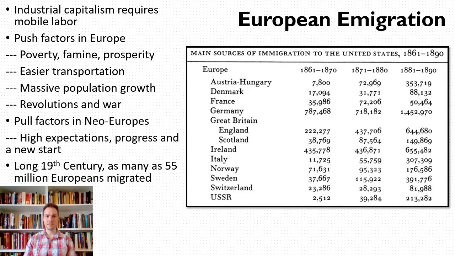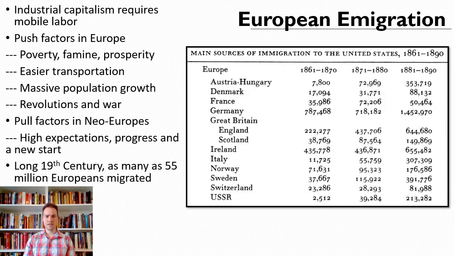So theoretically, this world of industrial capitalism requires mobile labor. Now, we already saw with slavery that that's not always the case. Slaves were moved by people, but didn't actually have freedom to quit their job or anything like that. But let's put a pin in that for now. The idea behind capitalism theoretically is that if you don't like your job, you can quit and go somewhere else. We know that's not true. People get locked into wages all the time.